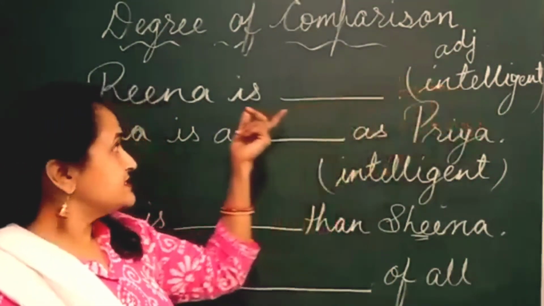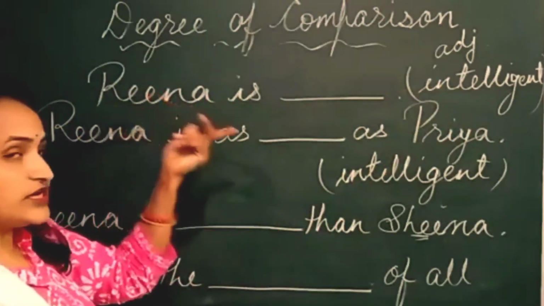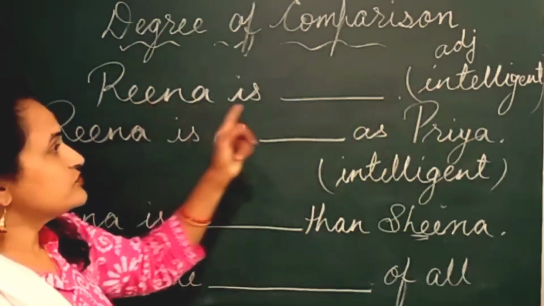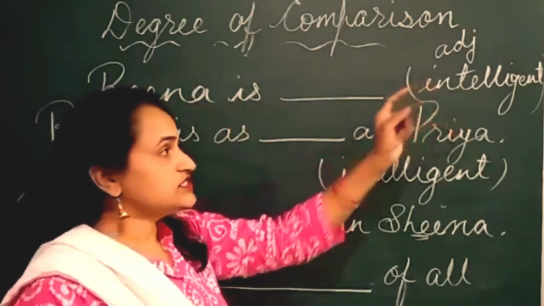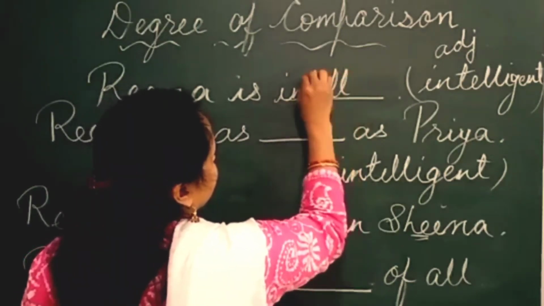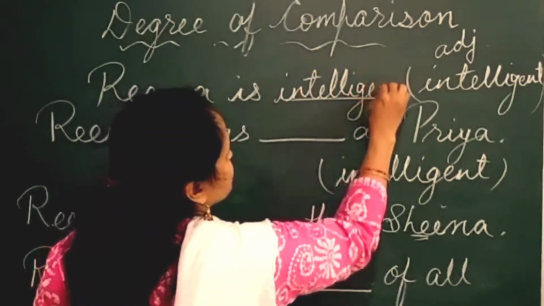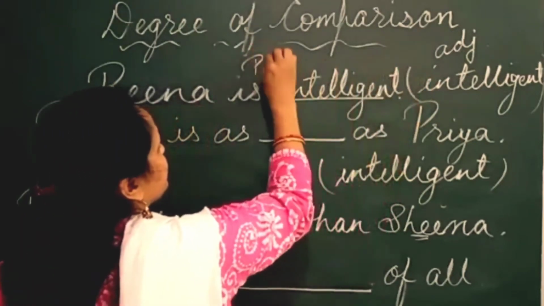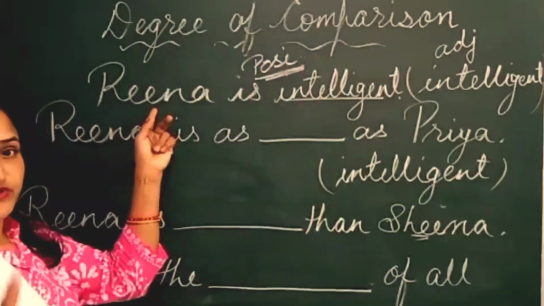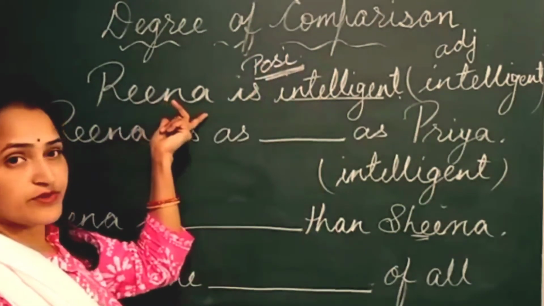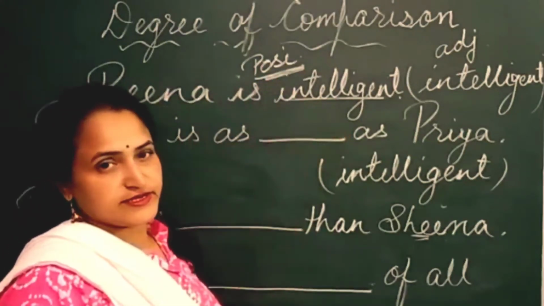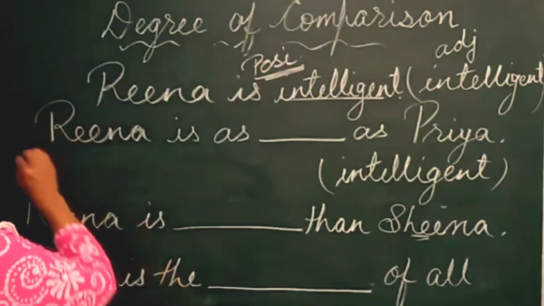If the sentence is simple and we are talking about the quality of a single noun or single person, we always use the positive degree, and that is intelligent. When we talk about the quality of a single person, we always use the positive degree. But look at the next example.